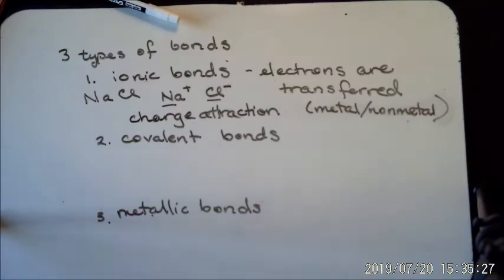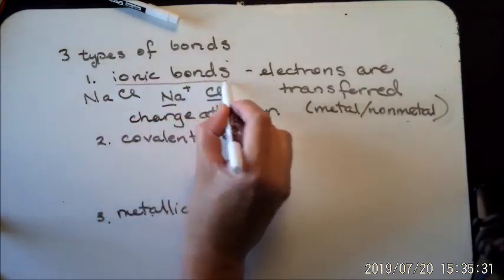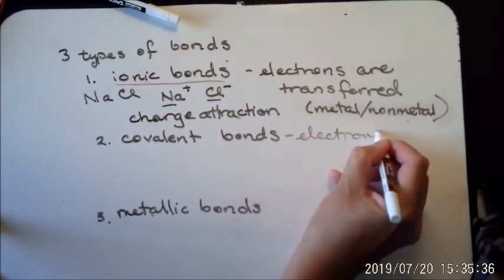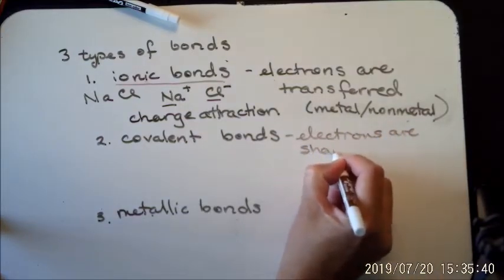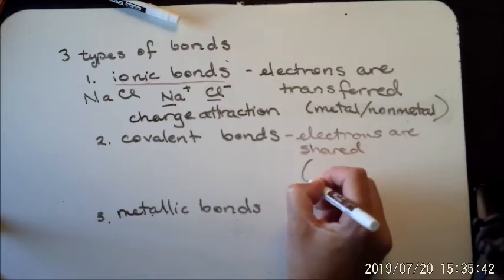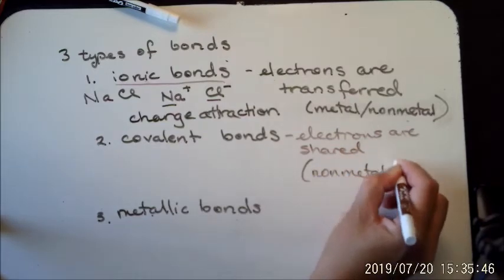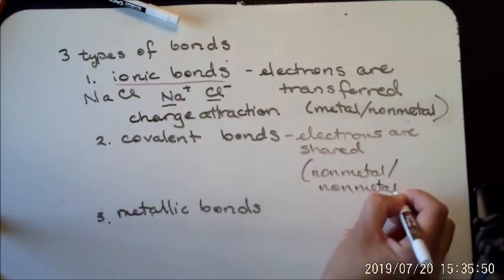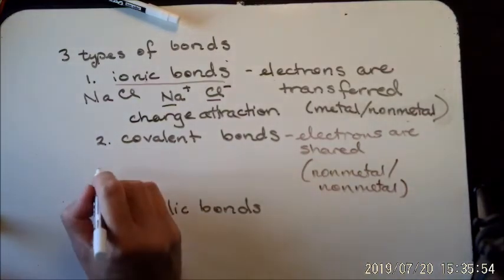And in covalent bonds, basically, your electrons are shared. And we typically see them between nonmetals and nonmetals. Okay, and an example of that would be water.